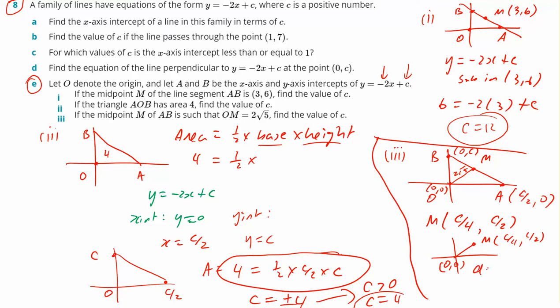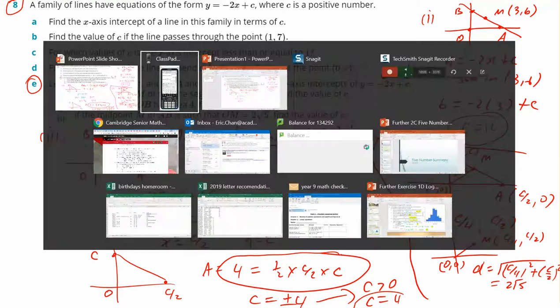So the distance is given by x2 minus x1, so c on 4 minus 0 squared, so it'll just be c over 4 squared, and we've got c over 2 minus 0 squared, which is just c over 2 squared, and I know that equals 2 root 5, okay? All I need to do is solve that on the CAS calculator.